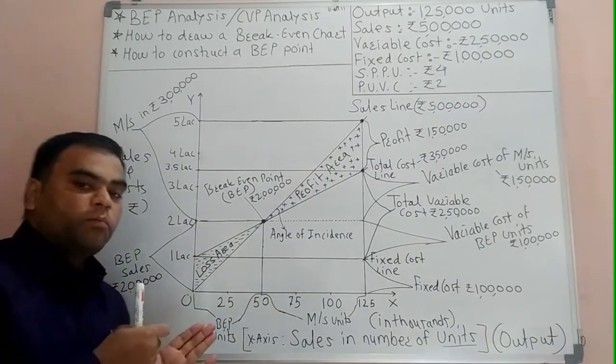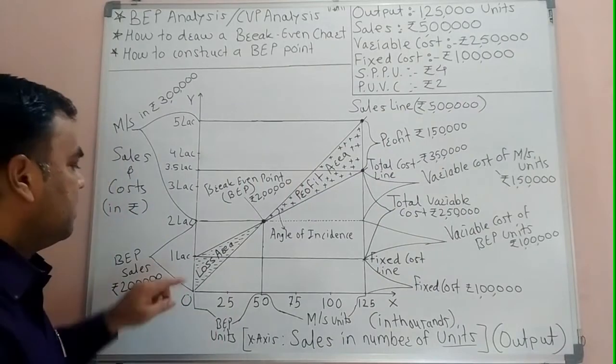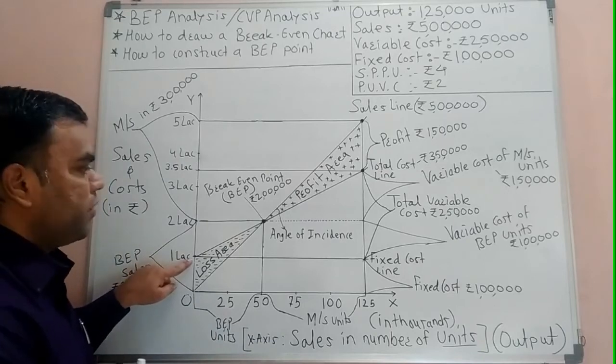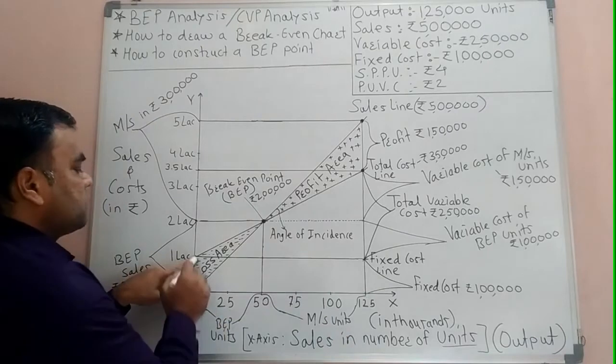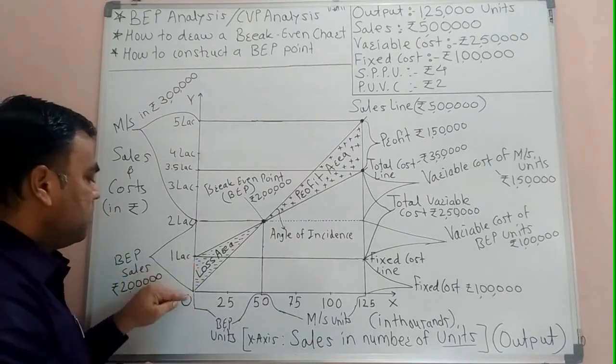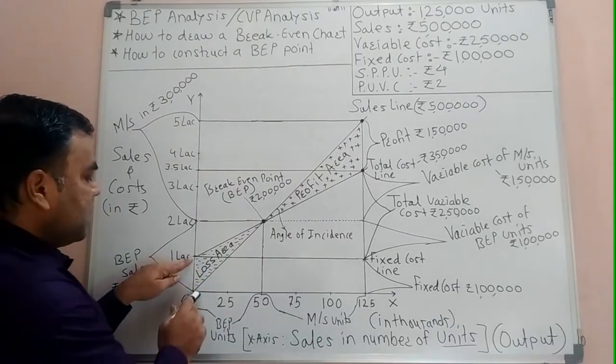From which point do we start the total cost line? At the fixed cost point. Whether you manufacture 0 units or the highest units, your fixed cost will remain the same. So your total cost will not start from 0.